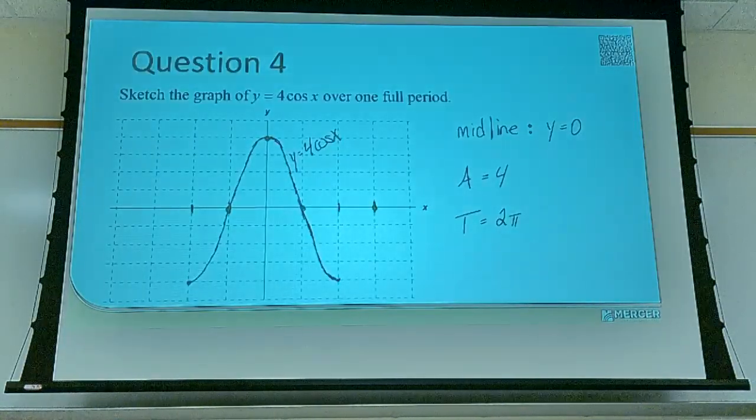Cosine of pi would be your minimum. That kind of looks more like a wave.